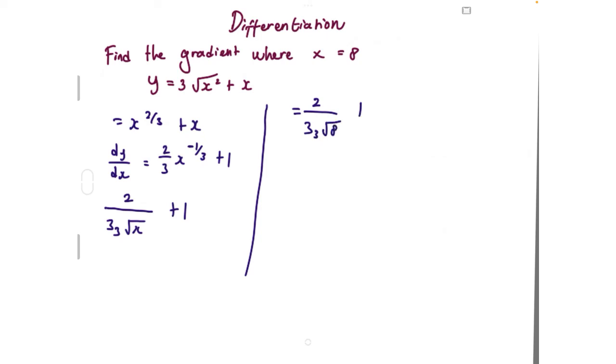And then we're going to have 2 over 3 times 2 plus 1, which will make us 1 over 3 plus 1 equals 4 by 3.